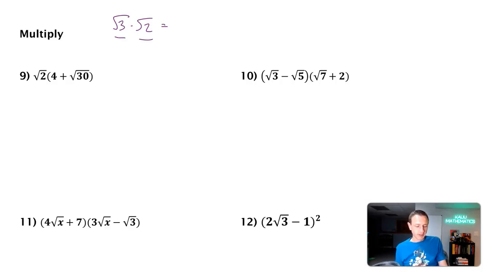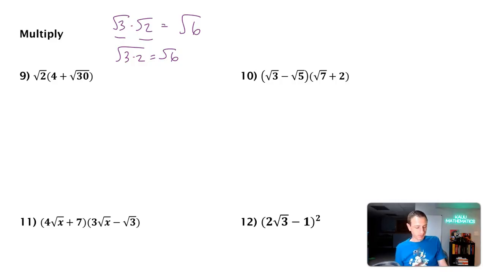So I won't say what I was going to say. But the square root of 3 times the square root of 2, what we do here is we multiply to get the square root of 6. It would just be 3 times 2, which is 6. So I would just do the square root of 3 times 2 and get the square root of 6. So we just multiply what's on the inside of the radical.